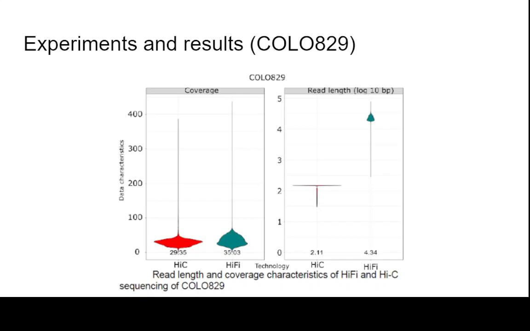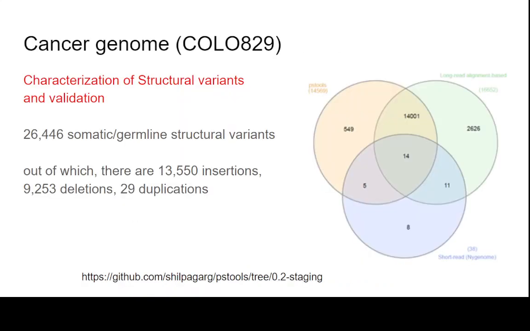We had both matched normal and tumor for this. So we sequenced both of them to coverages of about 30 to 40x. Then we assembled these cancer genomes using our algorithm, and mapped these genomes to the reference genome to call the structure variations.